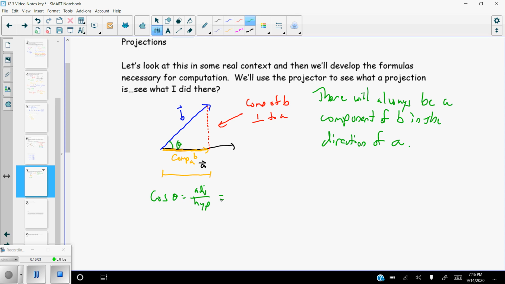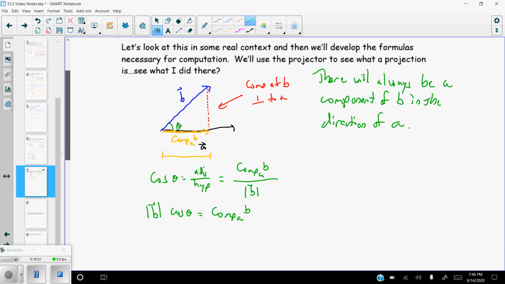Because remember these are lengths now, the adjacent side is that component of B onto A, and the hypotenuse is the magnitude of vector B. It's the actual length of vector B. If I solve this for the component, all I have to do is multiply both sides by the magnitude of B. So I get magnitude of B cosine of theta equals the component of B onto A.